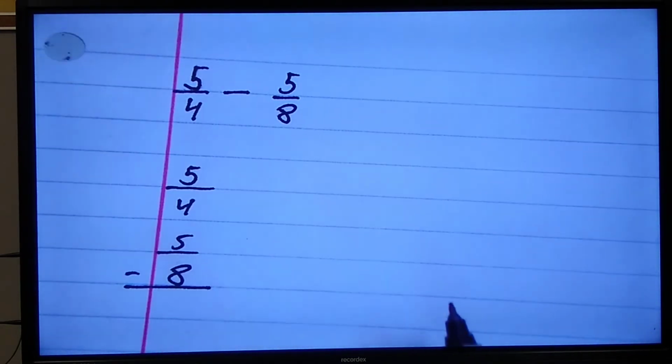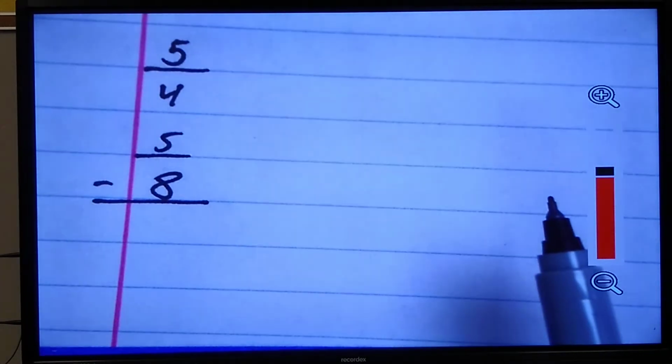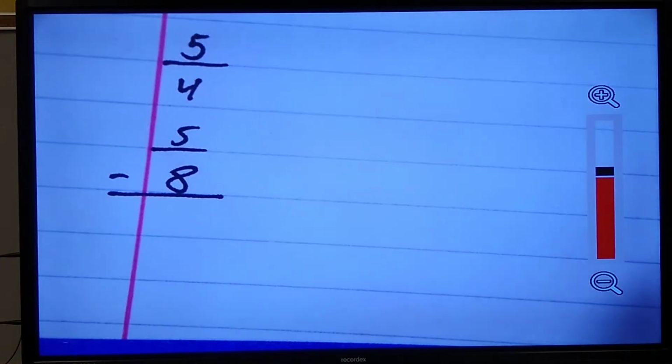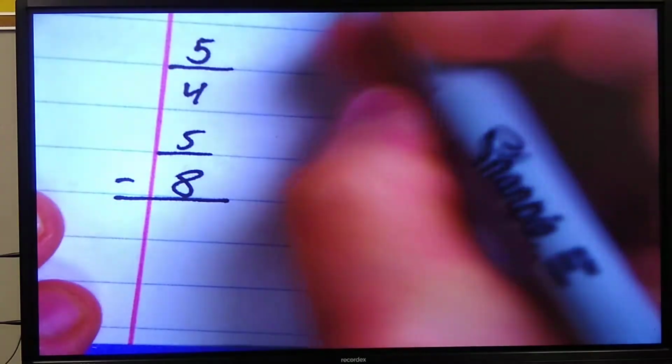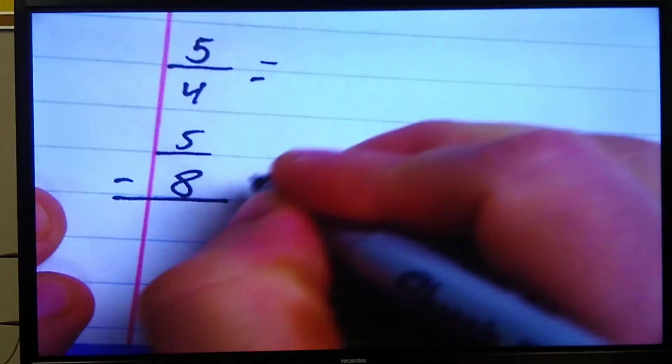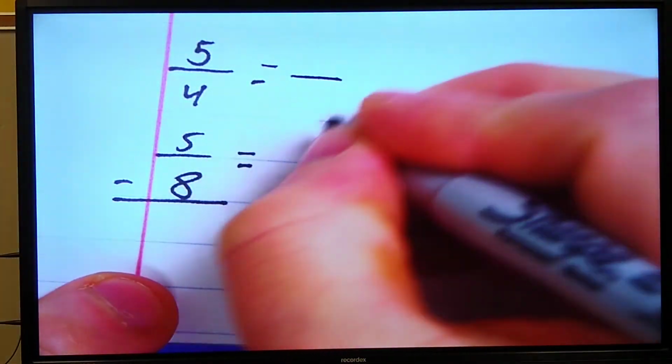Just like with addition of fractions, you line them up like so. And just like with addition of fractions, you must find the least common denominator.